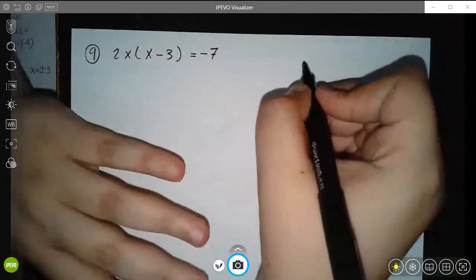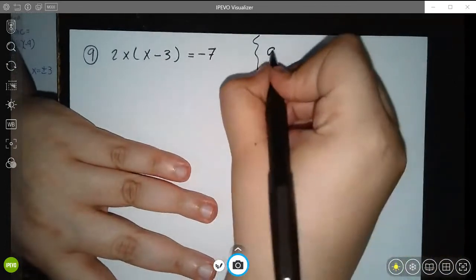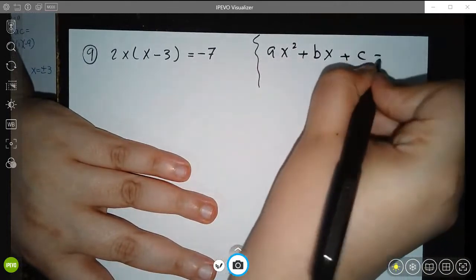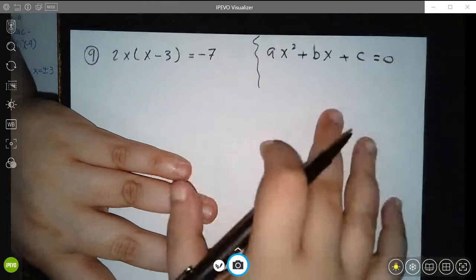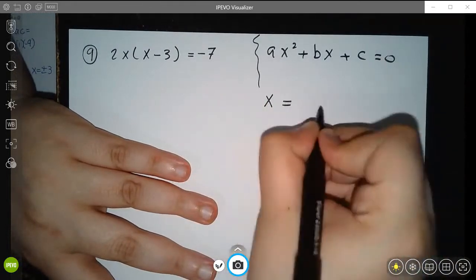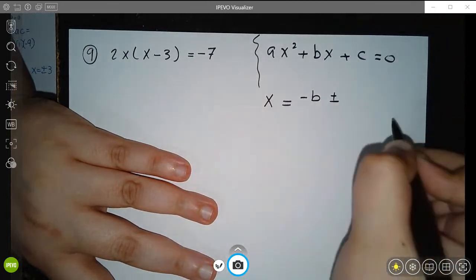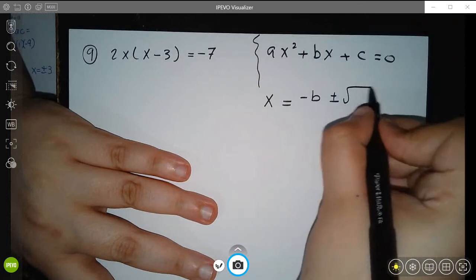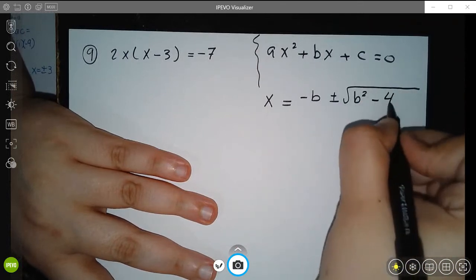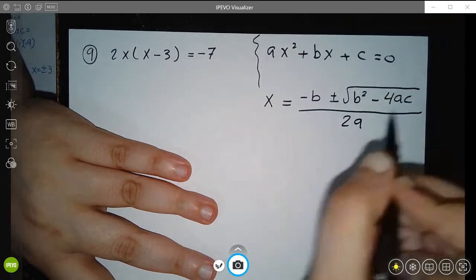To be able to write out the quadratic formula, you need to be very familiar with this form, which is ax squared plus bx plus c equals 0, the standard quadratic form. Okay, now here's the formula. It says negative b plus or minus square root of b squared minus 4ac over 2a.